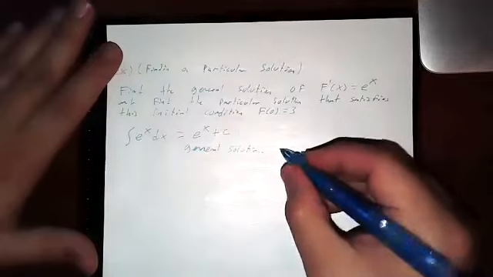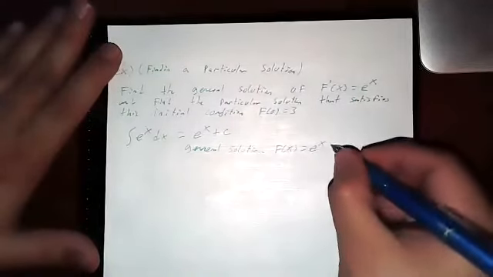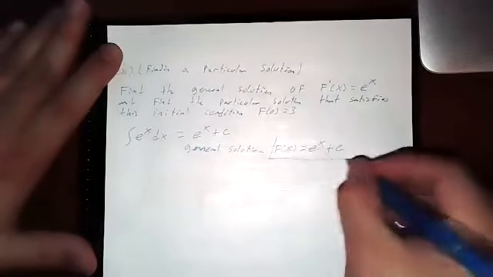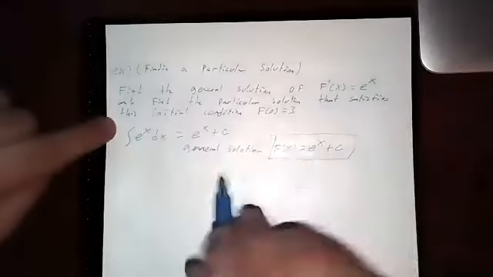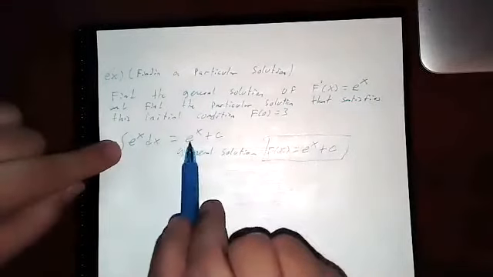General solution is this guy here. So all you got to do is integrate it. And since we know the derivatives are the same no matter what, you just go in reverse, right?